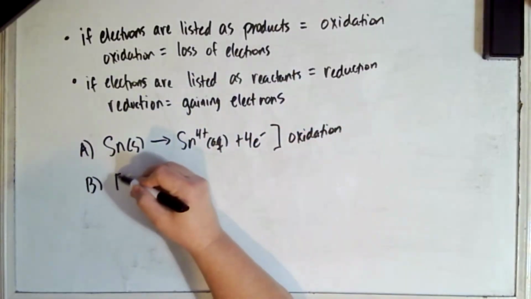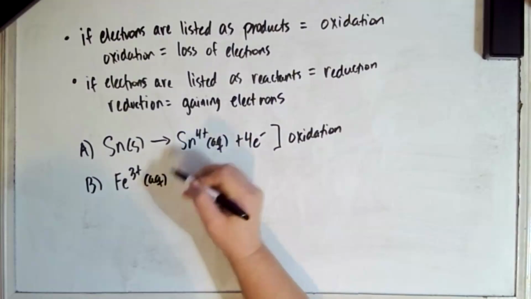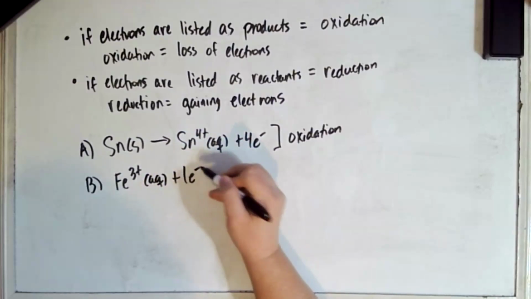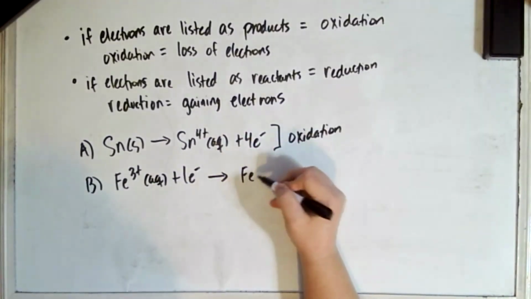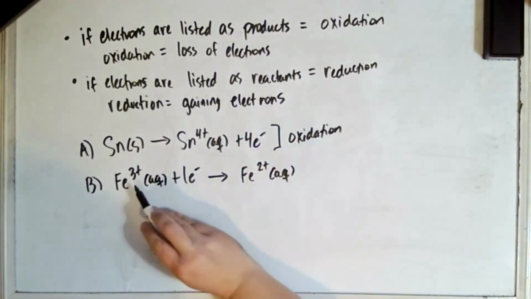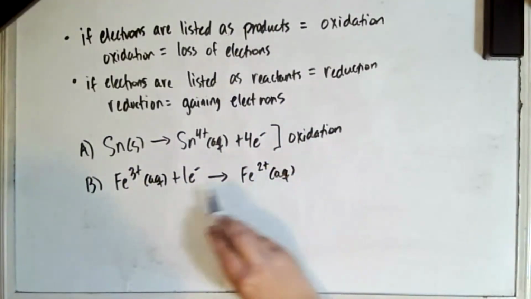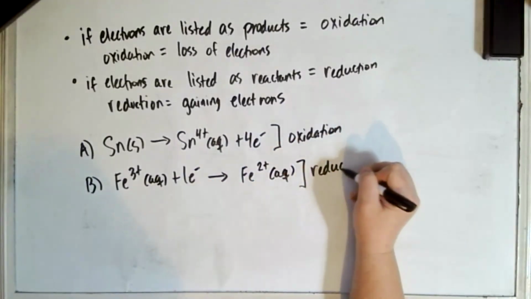In the second example, we have an iron ion, and it's gaining 1 electron, and it's going to become a less positive iron ion. So its charge went from +3 to +2. So it gained an electron. That's reduction.